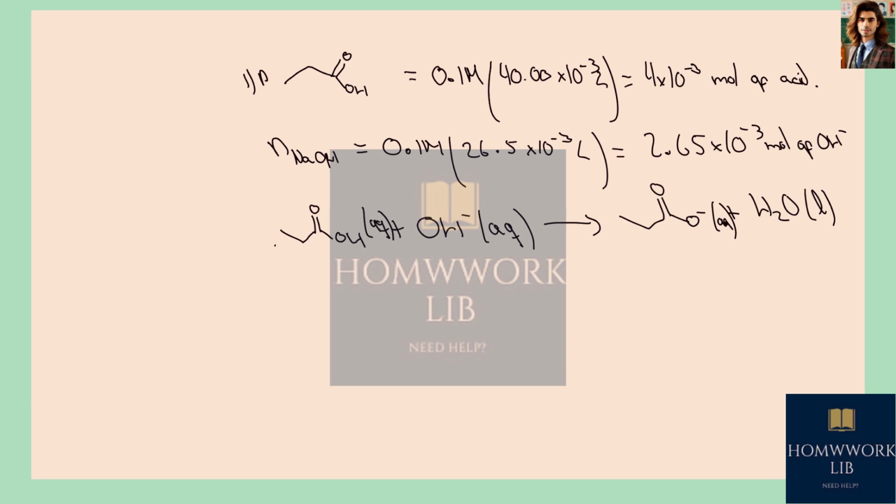Okay, so we go with our ICE table. The initial amount of mole that we have for the propanoic acid is 4 times 10 to the minus 3. Now we have a lower amount of the OH ion, 2.65 times 10 to the minus 3, and we have 0 of both products. The change in moles is going to be equal to the amount that reacted, so the change is going to be minus 2.65 times 10 to the minus 3.